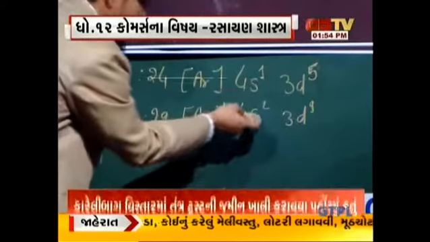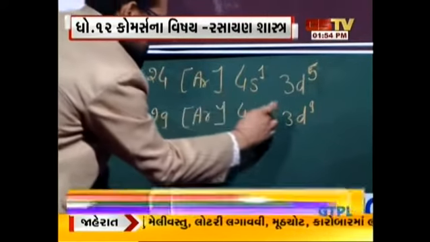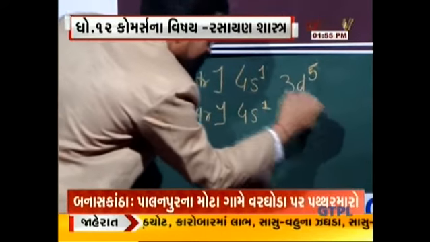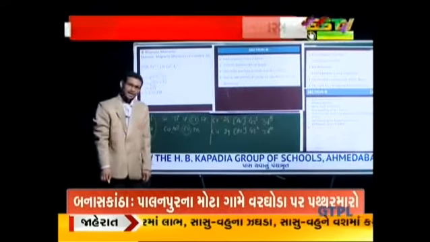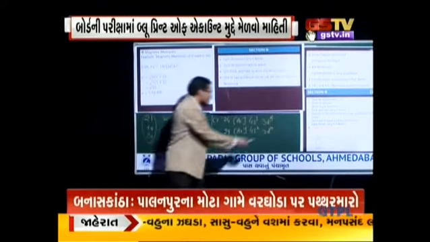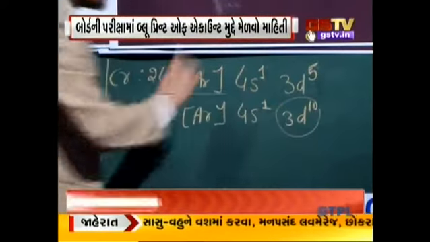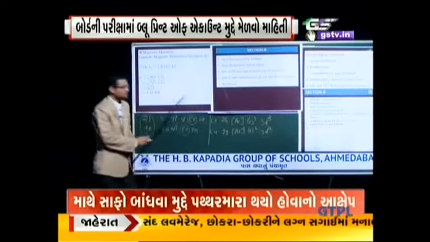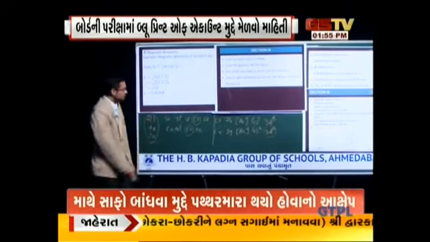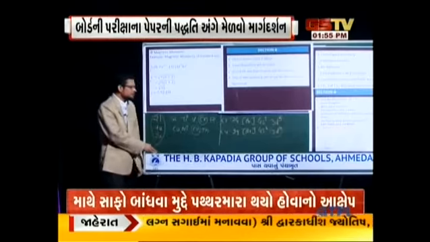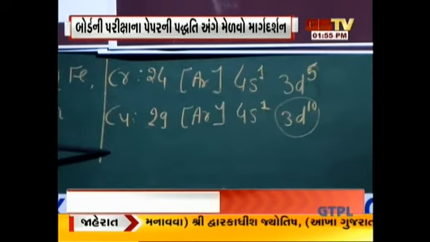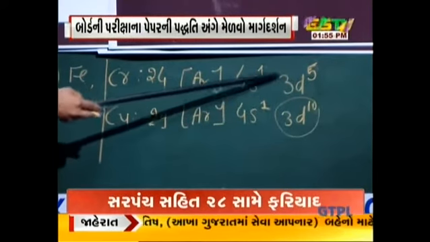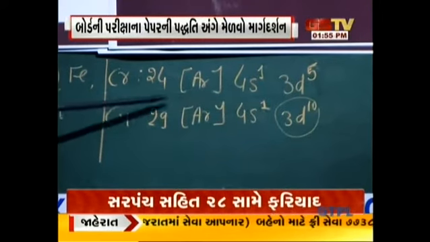Because the configuration will be changed to 4s1 and 3d10. So all the electrons are completed in the d orbital. That's why copper will be stable. So whenever you find a question with these two elements, make sure your electronic configuration is like this for chromium and copper.